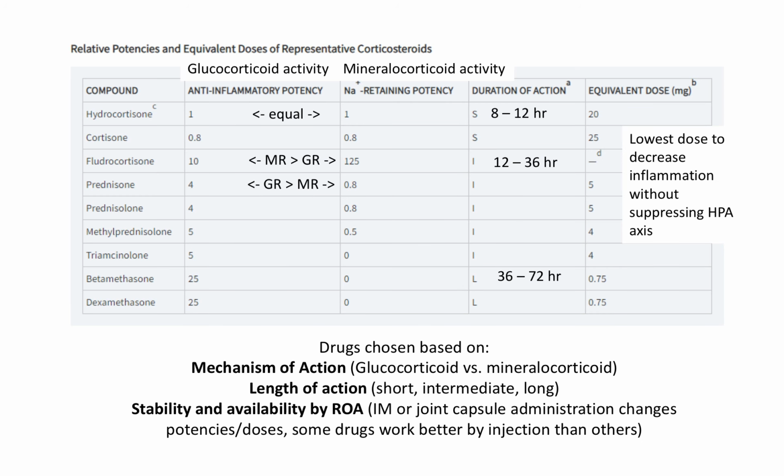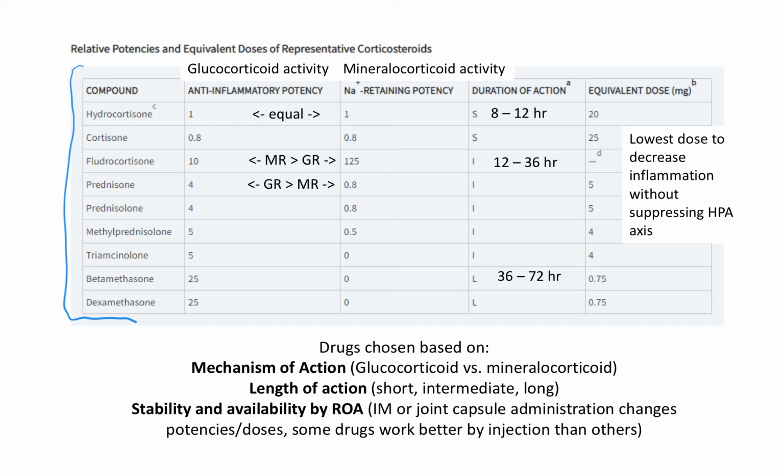Here is a drug table, and you see these all the time in these steroid chapters. What you're looking at here is a table showing you relative potencies and equivalent doses of corticosteroids. These are organized first by compound, so what the medication is, its ability to bind to a glucocorticoid receptor, and then its ability to bind to a mineralocorticoid receptor.